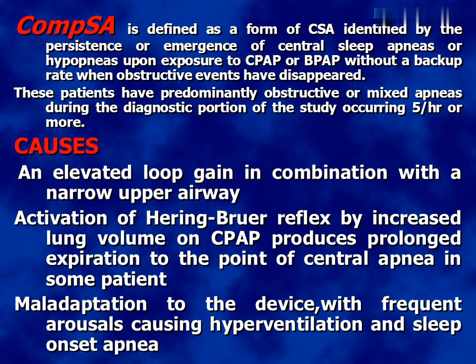Causes: an elevated loop gain in combination with a narrow upper airway. Activation of the Hering-Breuer reflex by increased lung volume on CPAP produces prolonged expiration to the point of central apnea in some patients. Maladaptation to the device, with frequent arousals causing hyperventilation and sleep-onset apnea.